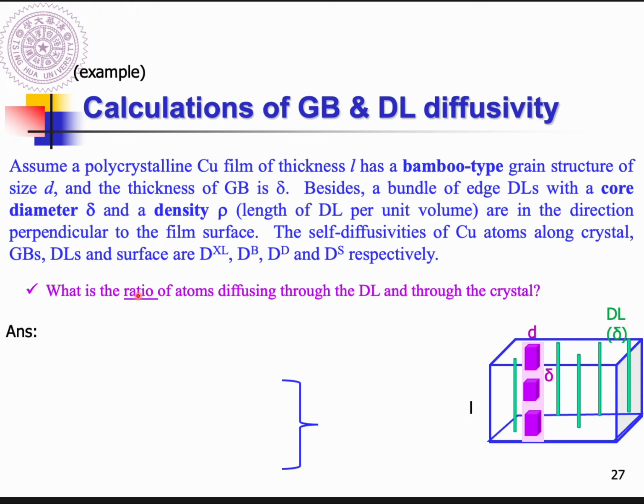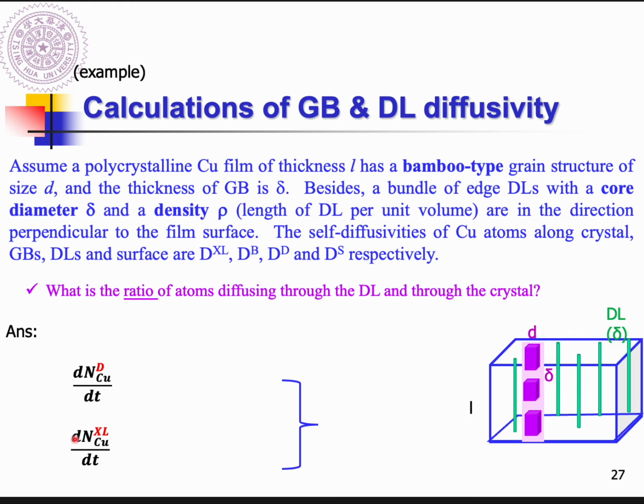This actually just asks for a volume fraction, right? Because the ratio of atoms diffusing through these two means you want to know the volume fraction of dislocation inside these materials. So we need to find the ratio of the number of copper atoms diffused through the dislocation versus through the grain, each divided by dt.